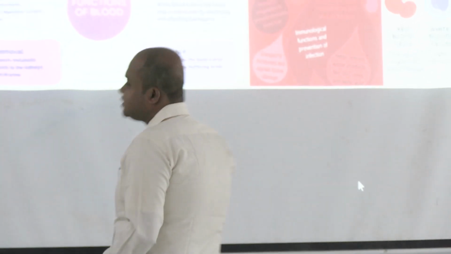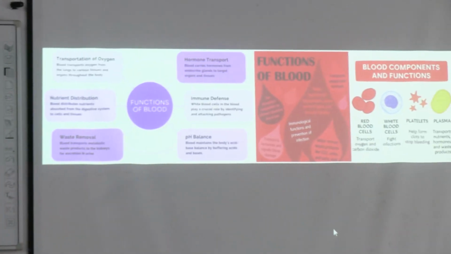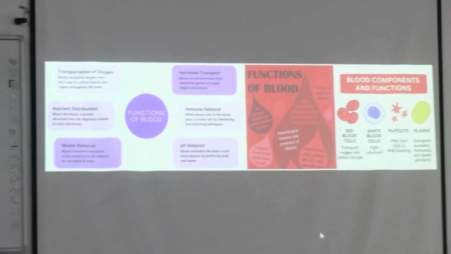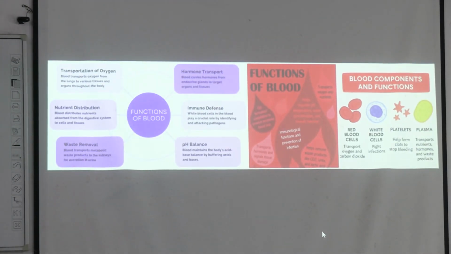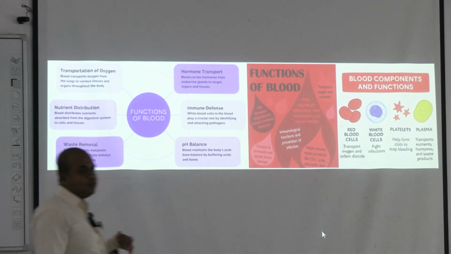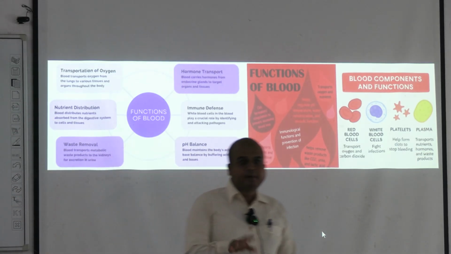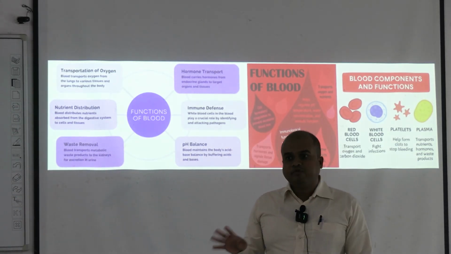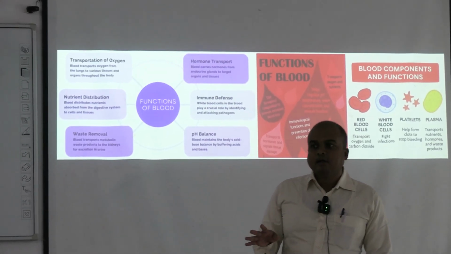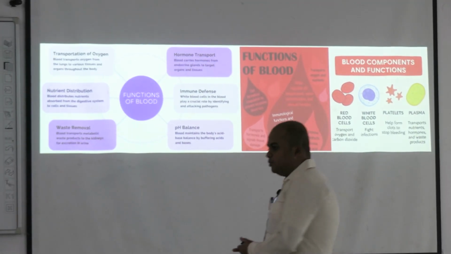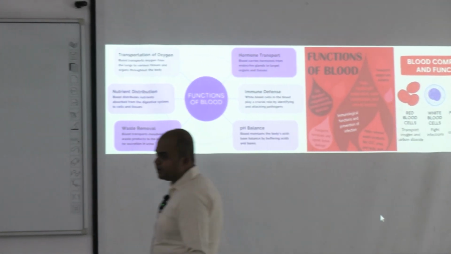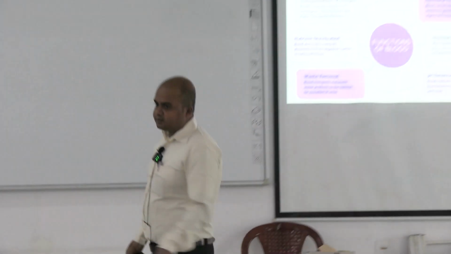And blood's functions, as you all know, are mainly transport of oxygen and nutrients, but it also acts as transport for hormones. And one main function, which we will read in a separate section on immunity, is the immune defense function, mainly carried out by the WBCs. Blood components also help to maintain the acid base balance of the body.